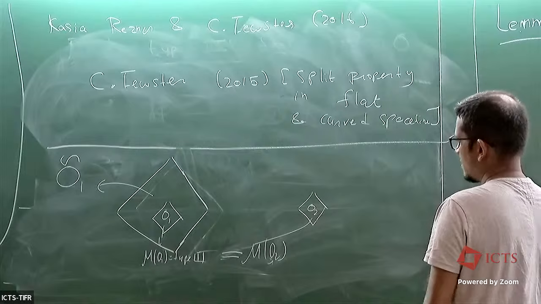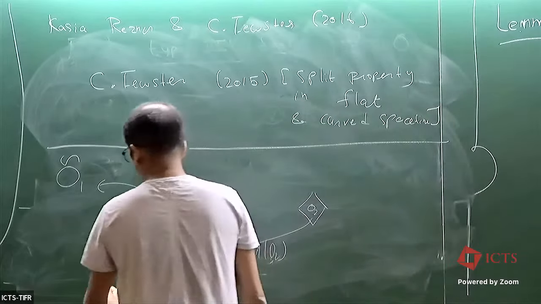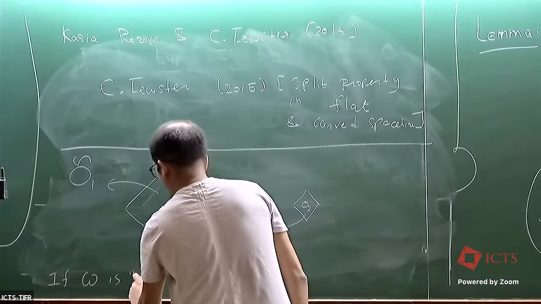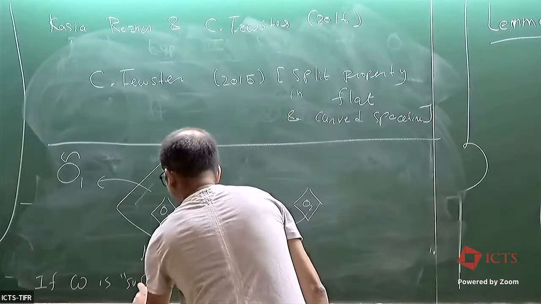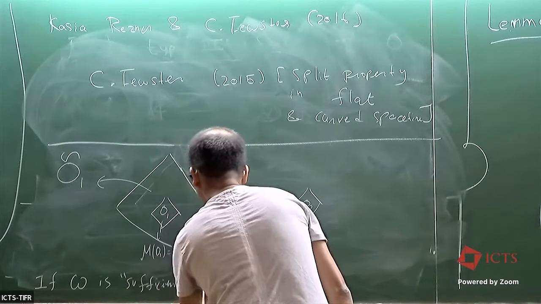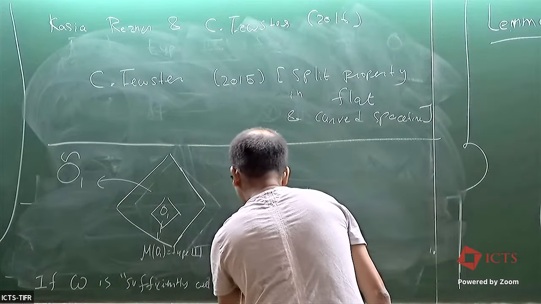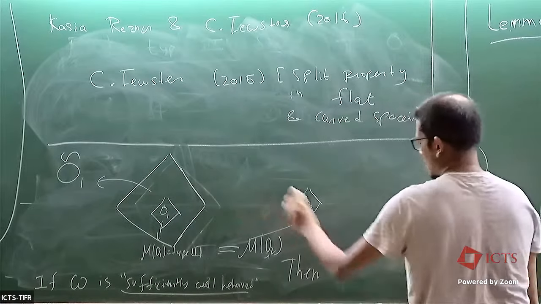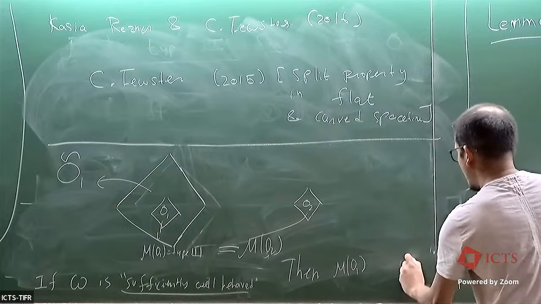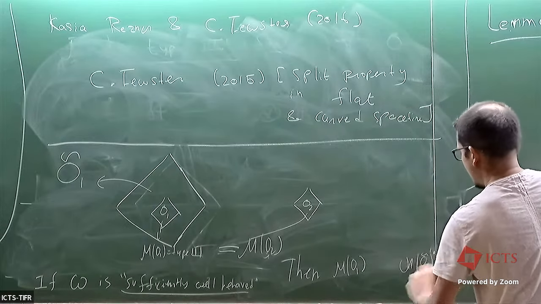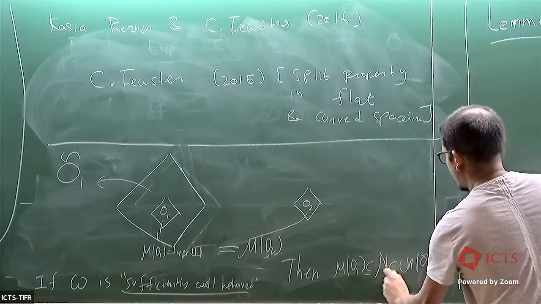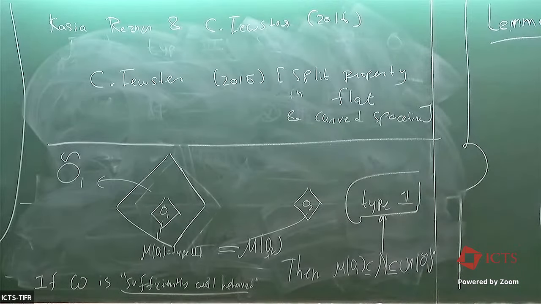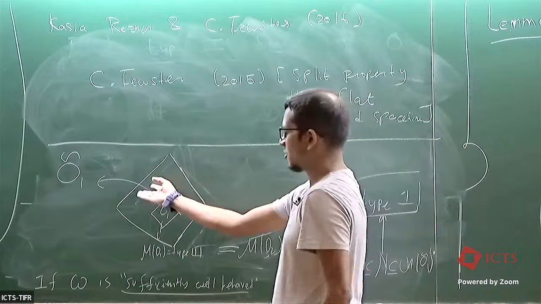And the statement of Buchholz at least was that if the state that we started with, omega, is sufficiently well behaved, which was that condition that we wrote there, then M(O1) and M(O1 tilde) were sandwiched by a type 1 algebra. So of course M(O1 tilde) is also type 3 because that's a causally convex open set.